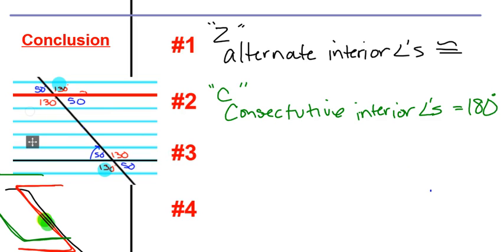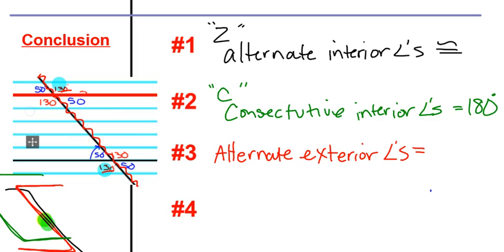And those guys right there are exterior angles, and they are alternate because notice they are on different sides of the transversal. One is on the left and one is on the right. Those are our alternate exterior angles. And those are also congruent to each other.